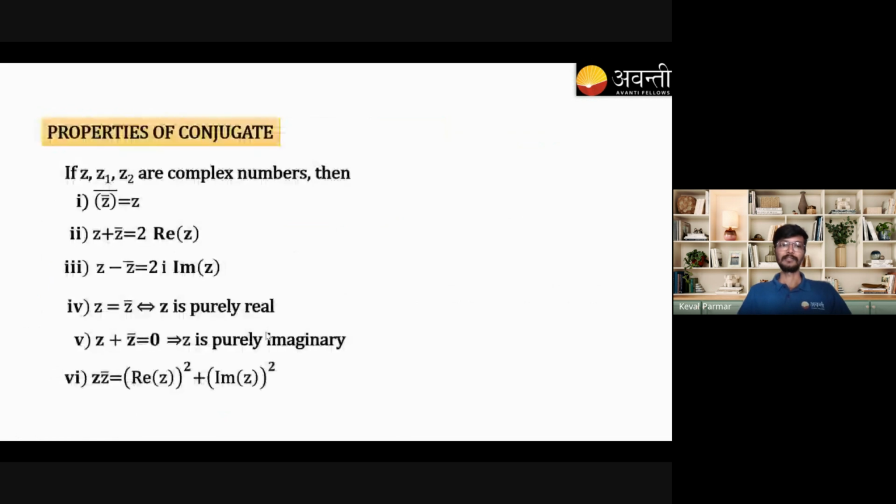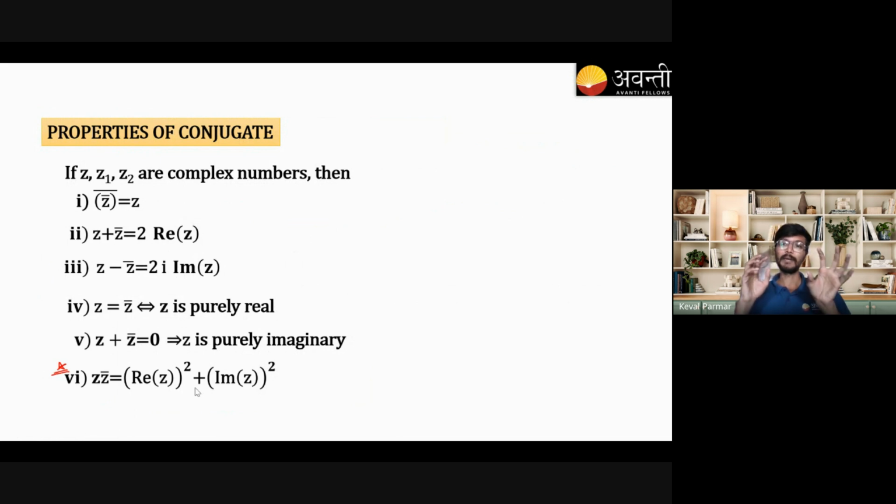And next, the most important property of the conjugate: z times z bar equals mod of z squared. We have not studied modulus yet, we'll study it and then understand it more clearly. But if we multiply z and z bar, what do we get, guys?